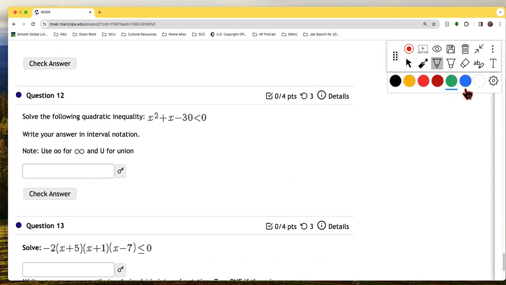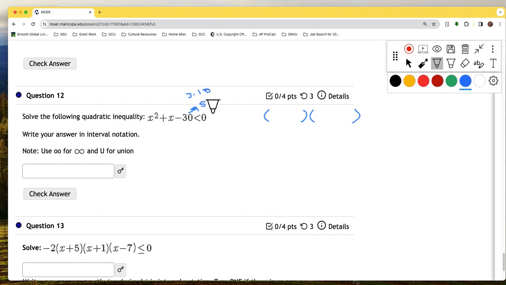And this one's going to be a little bit more challenging because we aren't given it in factored form. So we'll do the same thing, but we need to factor this first. So 30, there's numbers that multiply to be 30. There's 3 times 10. There's 1 times 30.